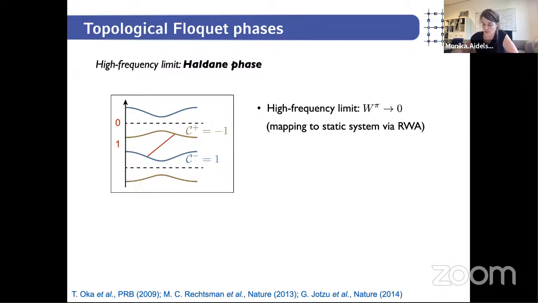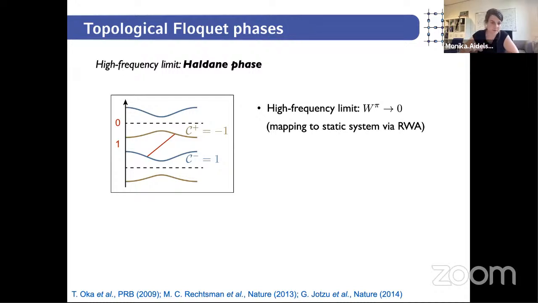limit, where we can apply the rotating wave approximation, we can map it to a static system, and there we have our usual bulk edge correspondence that we understand very well. And so in this particular case, which I'm getting to how we actually implement it, it's also a hexagonal lattice with some type of chiral modulation.